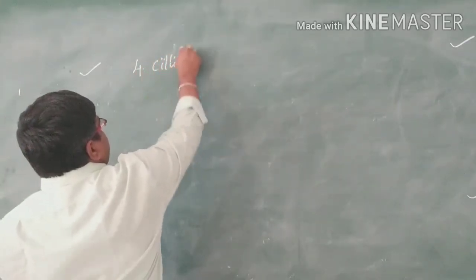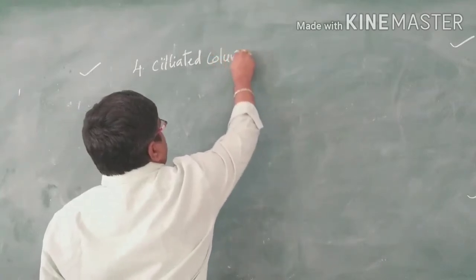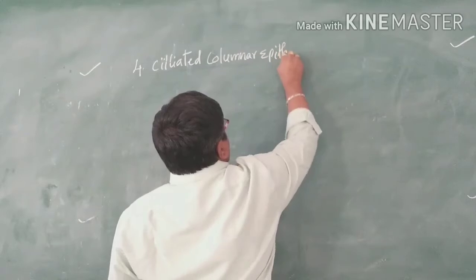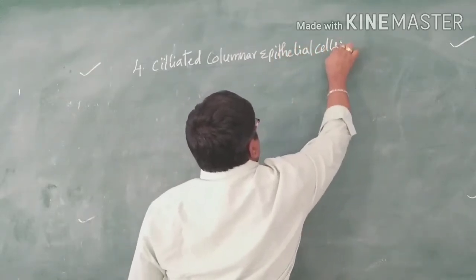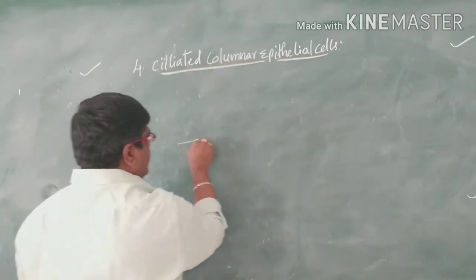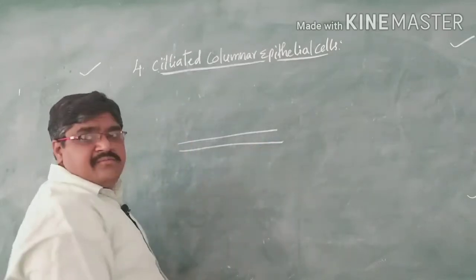Next, the fourth one is the ciliated columnar epithelial cells. So here ciliated columnar epithelial cells have the basement membrane.